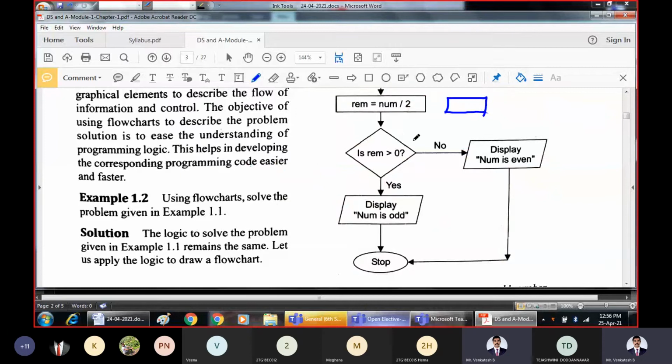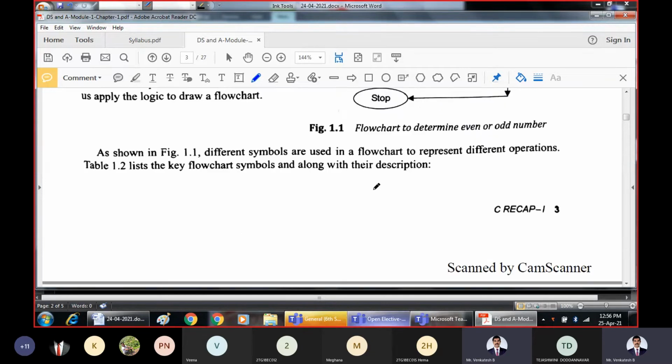This is not something you should have, but I am drawing it for explanation purposes. You should not write like this. There should not be intersection among the arrows. That means the outgoing flow from one condition should not intersect with another condition. That is what is expected from the flowcharts you design.